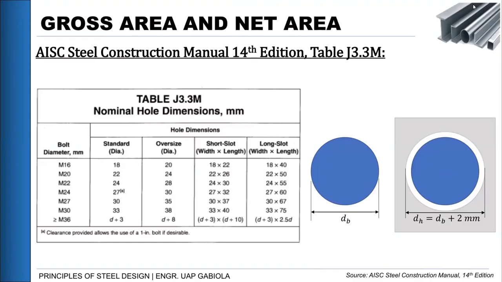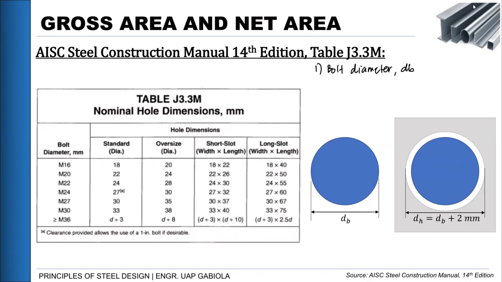So, yung unang i-consider nating diameter is yung tatawagin nating bolt diameter. Okay? Or dB. It means this is the diameter mismo nung bolt na gagamitin natin pagbutas. Okay? So, dB yung gagamitin natin. So, for dB, whatever is given on the problem, yun yung gagamitin natin.